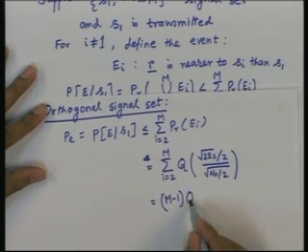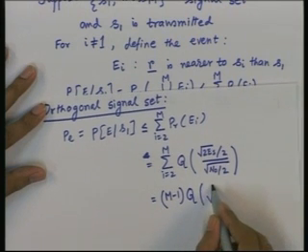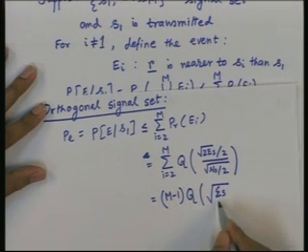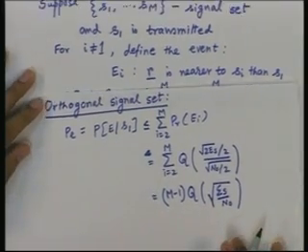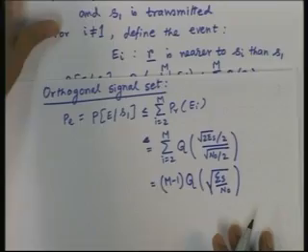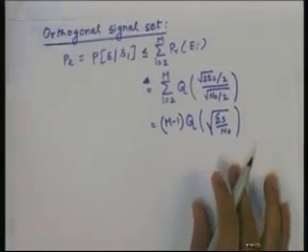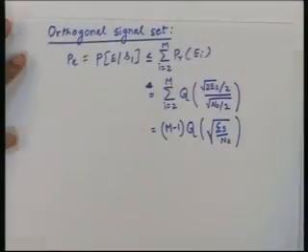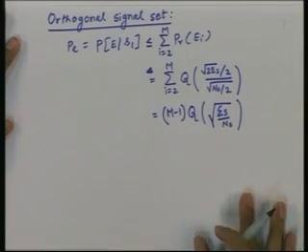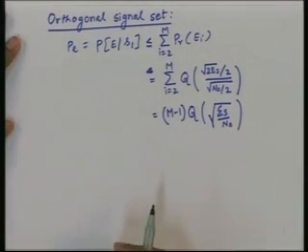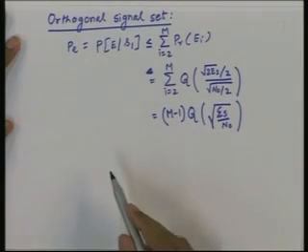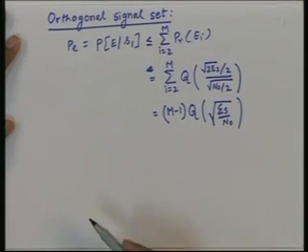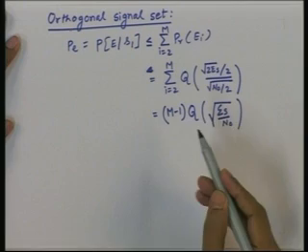So, m minus 1 times Q of root over Es by N0. This is an upper bound of the probability of error for orthogonal signal set, and this is the union bound on the probability of error. This is quite simple compared to the exact probability of error, and this only needs the value of Q at some point.